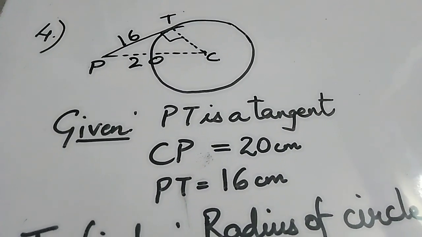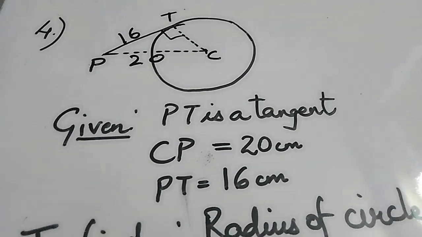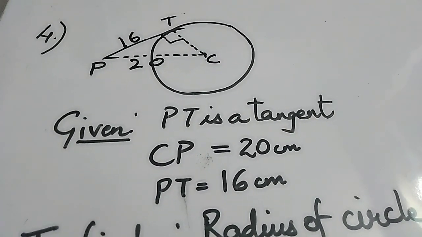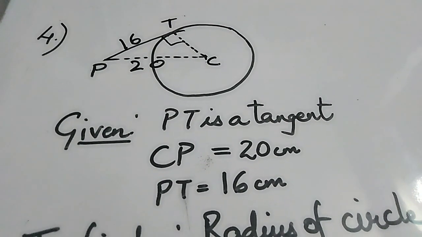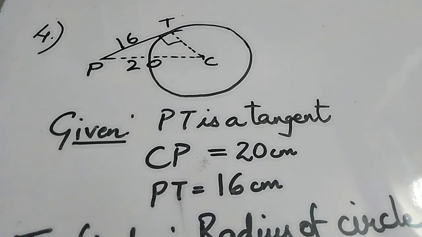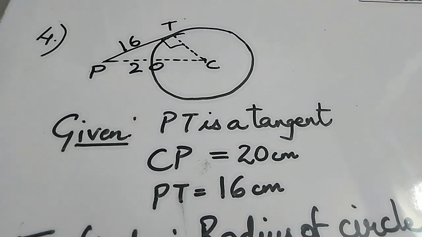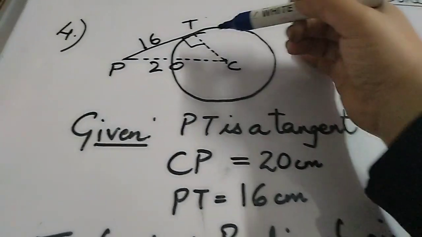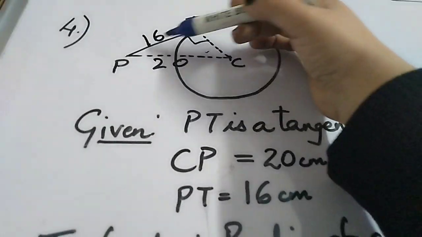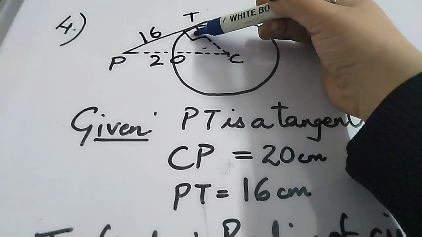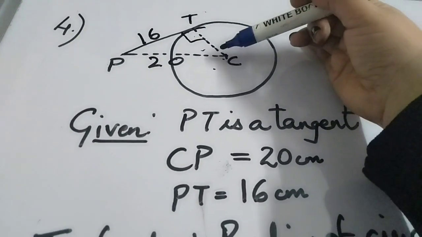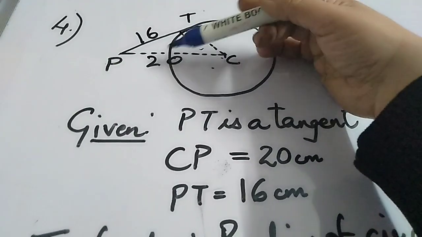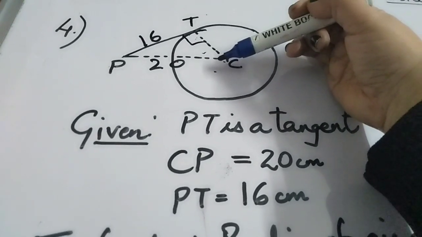So very easy. What have we applied here? We have applied the concept that a tangent is always perpendicular to the line from the center to the point of contact. Now this is the hypotenuse, the side opposite to the right angle, which is the longest side.